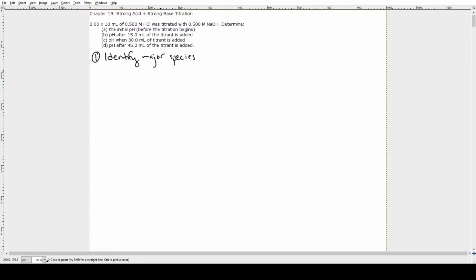We're working with hydrochloric acid, which we know is a strong acid, and if you don't know it's an acid, well, I'm not sure what to say. The next one is sodium hydroxide, which we know is a strong base.